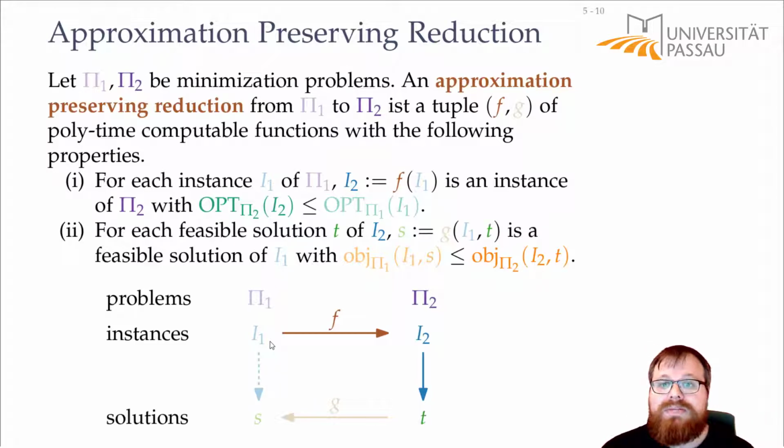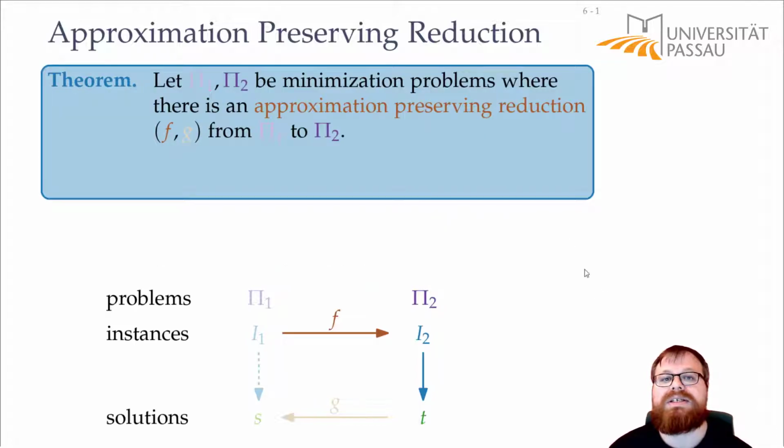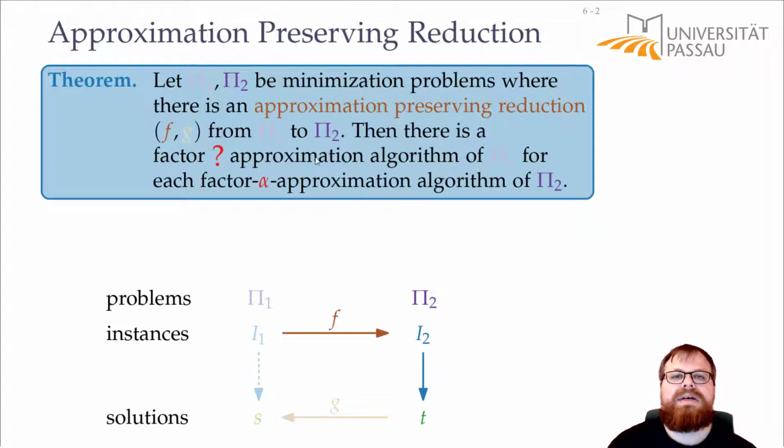So let's assume that for some two problems, we have found some functions f and g that have these properties. So we have our two problems, and we have an approximation preserving reduction f and g. And now for this problem pi2, we also know that there is some approximation algorithm, and that approximation algorithm has factor alpha.